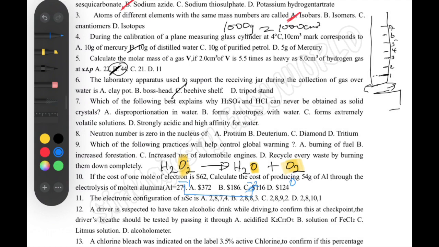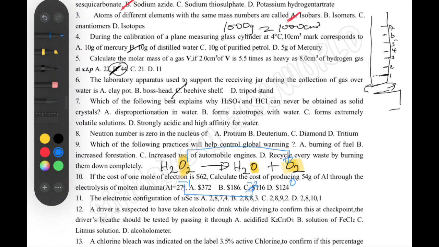But when you move from -1 to 0, there is increase in oxidation number. So oxygen is both reduced from the peroxide ion to just the oxide ion. The same oxygen is oxidized from the peroxide ion to oxygen gas. So you can call the decomposition of hydrogen peroxide a disproportionation reaction.